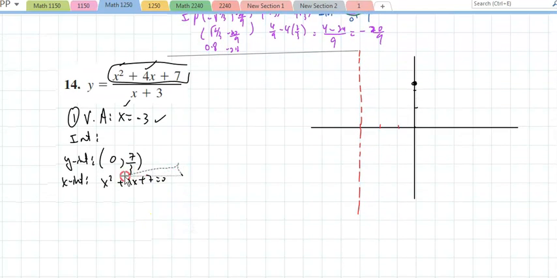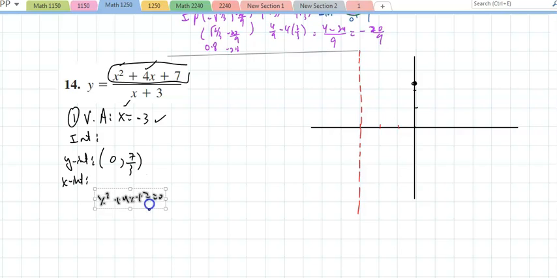Let's see how that works. That's when x squared plus 4x equal -7. Take half of the middle number, which is 2, and square it. This is x plus 2 squared equal -3. So none. The graph doesn't cross the x-axis. Very good to know.